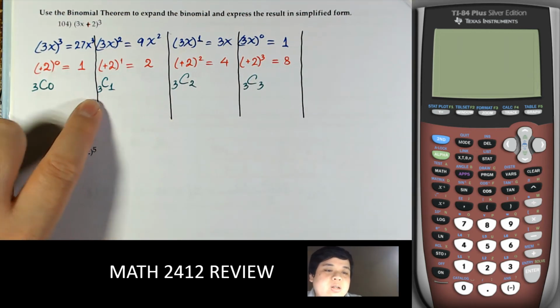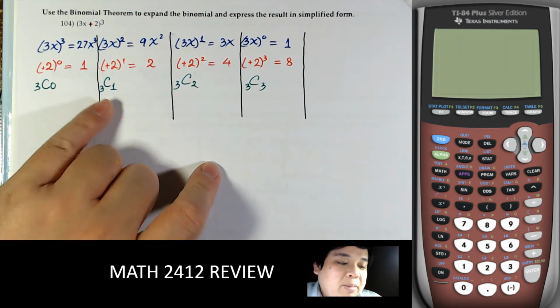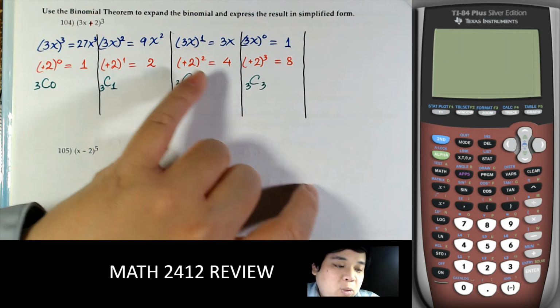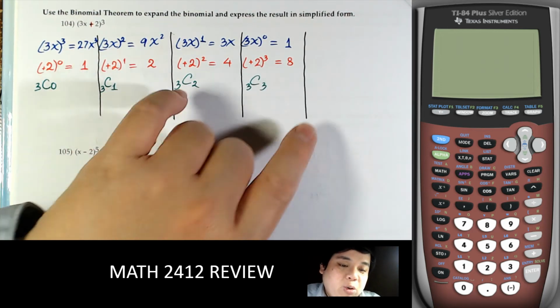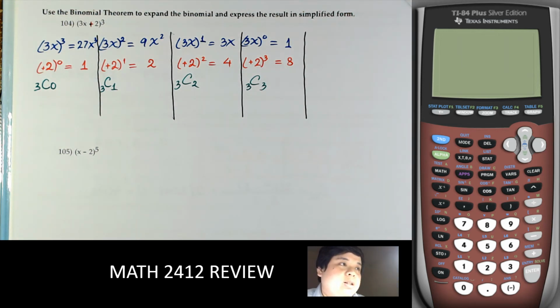So the first numbers are the same, which is 3, and the second one will be increasing from 0 to that number.